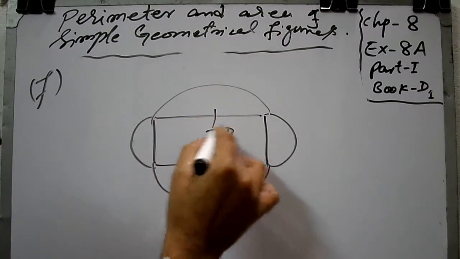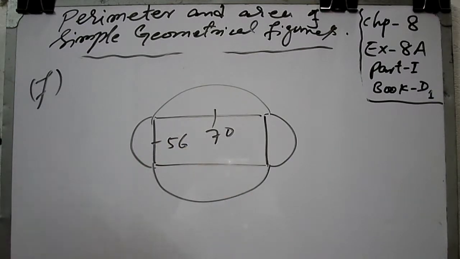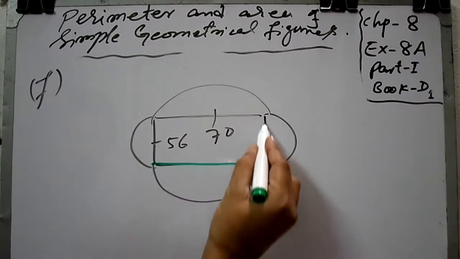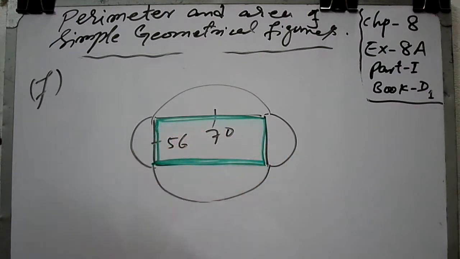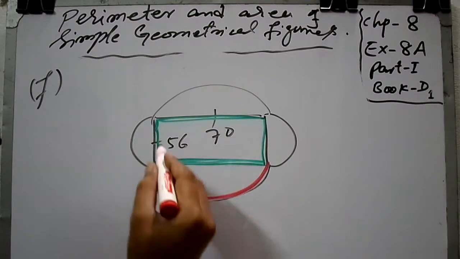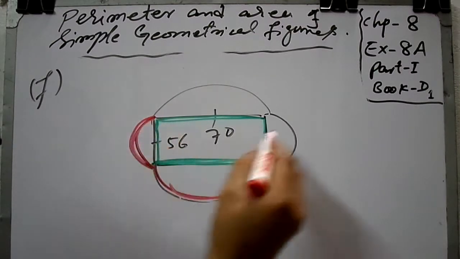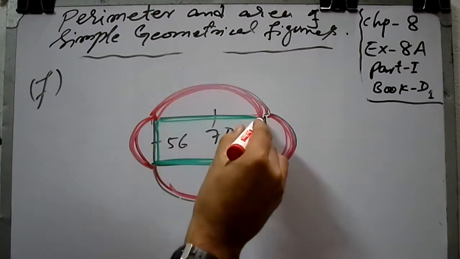Here is 70 and this one is 56. So you can see the configuration: 1 is a rectangle, and the other 4 are semicircles, 2 big semicircles and 2 small. Similarly these are the semicircles.